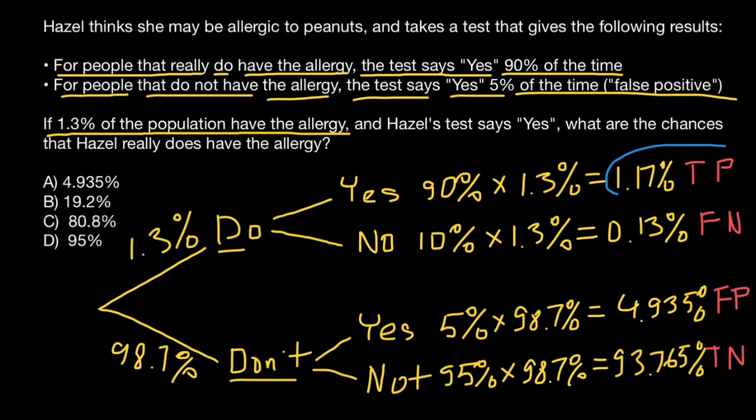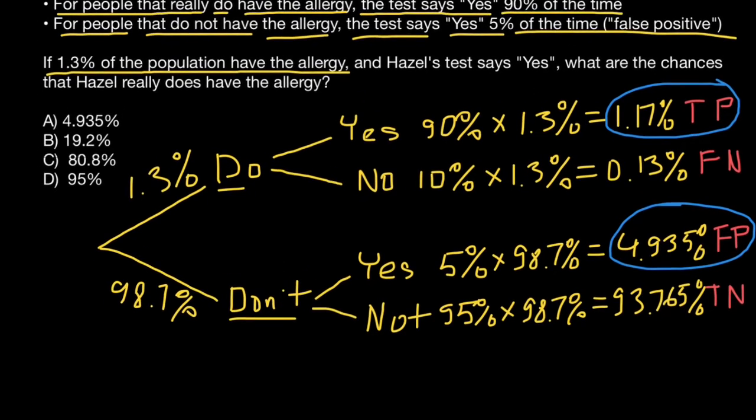Let's circle them. And also we have those people who don't have this allergy, but due to inaccuracy of the test, they would also test positive, but would be false positive. Let's also circle this category.